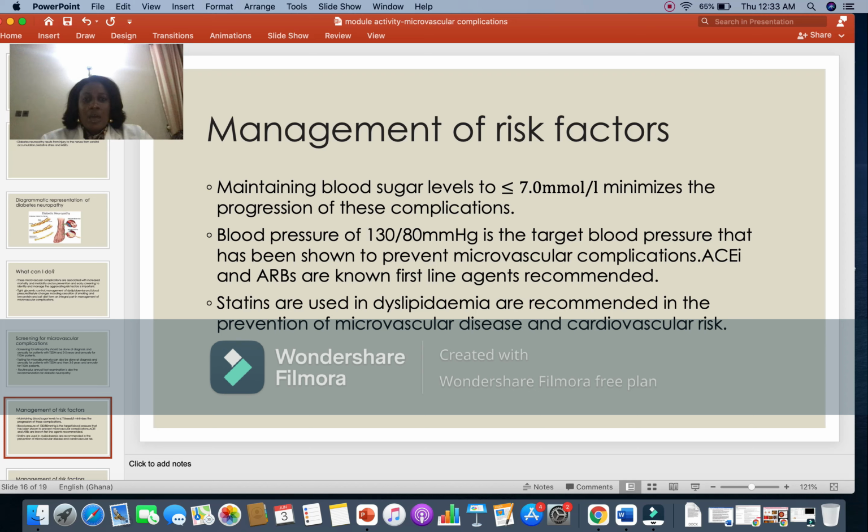A blood pressure of 130/80 is the target that has been shown to prevent microvascular complications. ACE inhibitors and ARBs are the first-line agents recommended. Statins are used in dyslipidemia and are recommended in prevention of microvascular complications of diabetes and cardiovascular risk.